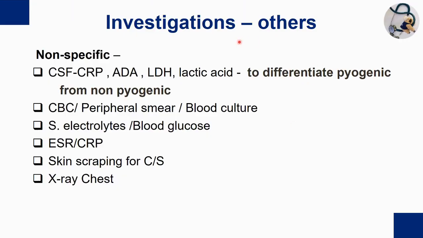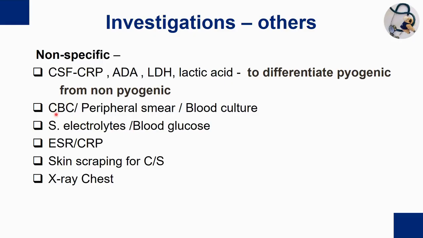Now come to some other investigations which can also support the diagnosis of meningitis. You can do them, but these are all non-specific investigations. So you can do CRP, ADA, LDH, lactic acid in CSF to differentiate whether it is a pyogenic or non-pyogenic meningitis.